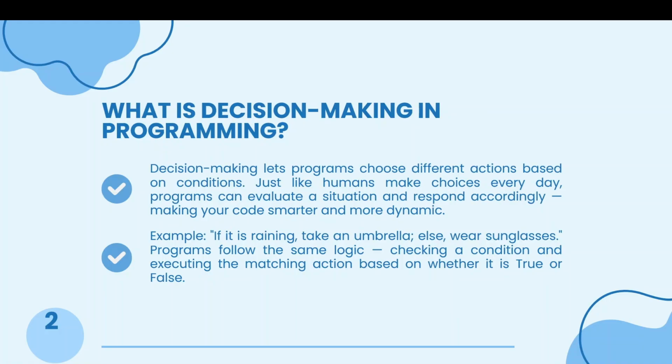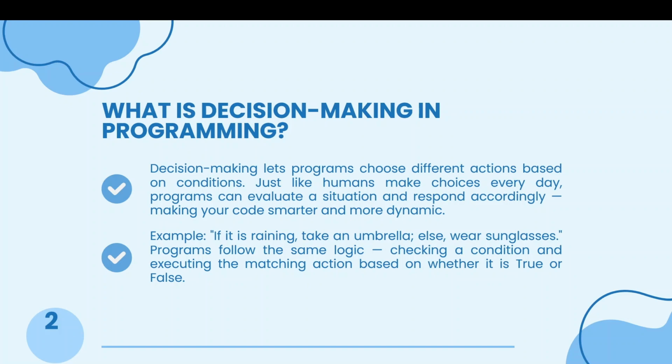Here it is written: decision making lets a program choose different actions based on conditions. Just like humans make choices every day, programs can evaluate a situation and respond accordingly, making your code smarter and more dynamic.